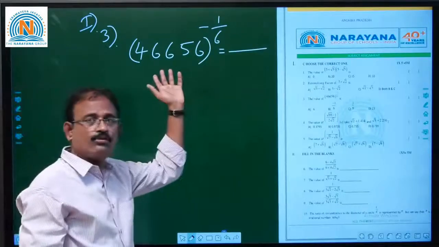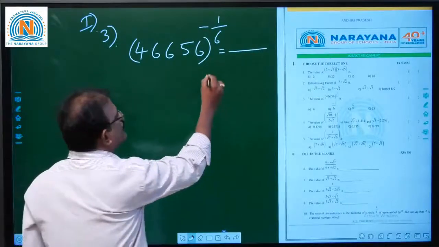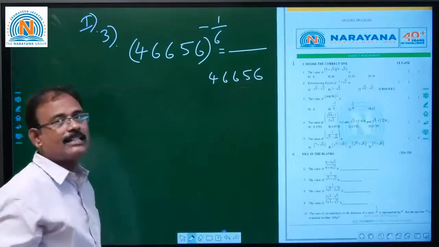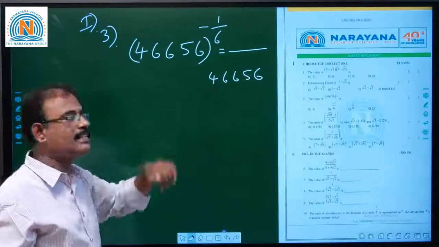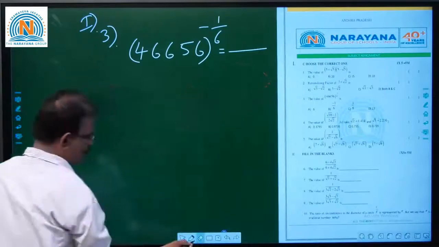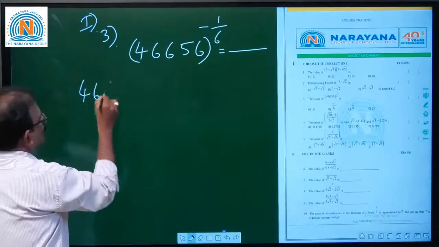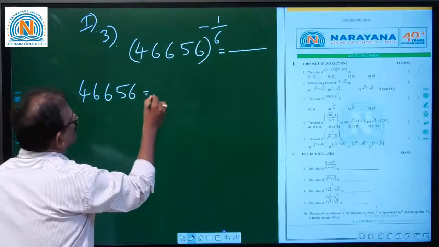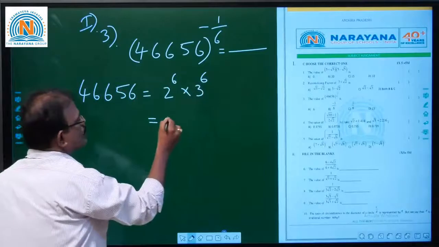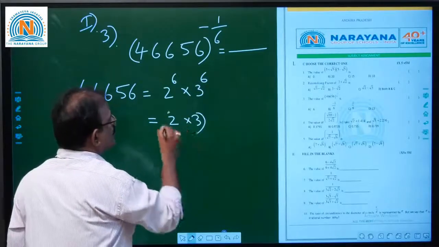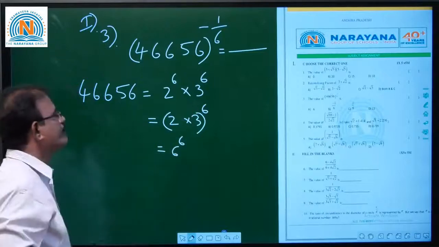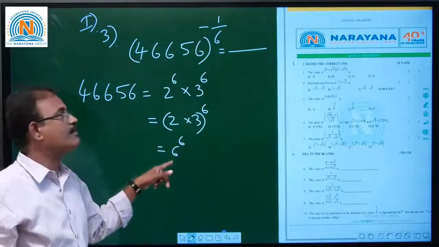If you go through the prime factorization, 46656 can be taken as 2 six times and 3 six times. Together, 2 into 3 six times, so this is 6 power 6. It can be expressed as 6 power 6.